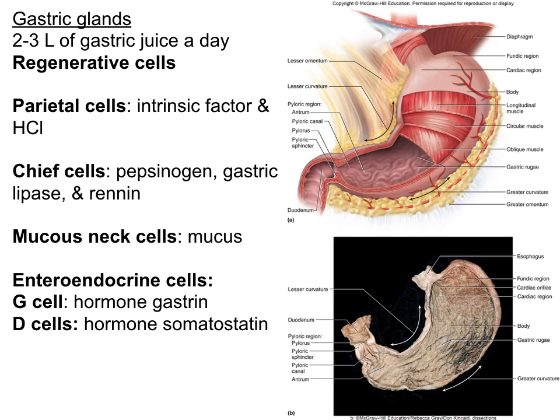Gastrin also is going to help to stimulate contractions of the stomach wall. So it's going to help promote mechanical digestion within the stomach. It's also going to help mix your food content with all the secretions coming from the gastric glands. Gastrin then also travels to a structure a little bit away.